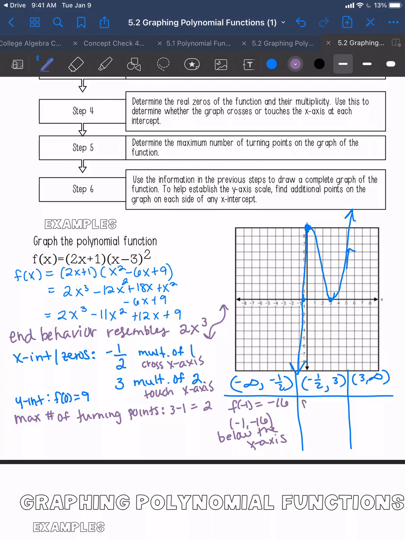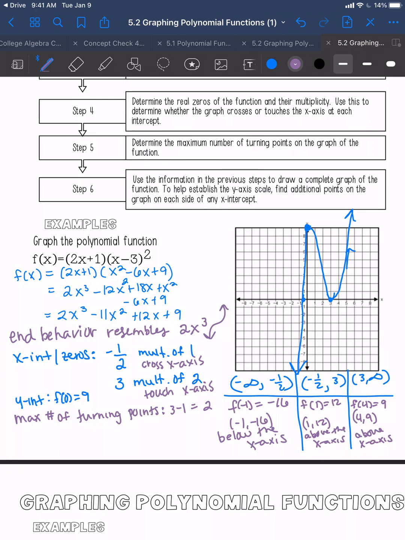Same thing if I test f of 1, then we would get 12. So the point 1, 12 is on the graph, and that whole interval would be above the x-axis. And then if I test 4, I get 9, so 4, 9 is on the graph, and that whole interval is above the x-axis. Okay, so you could add those points.